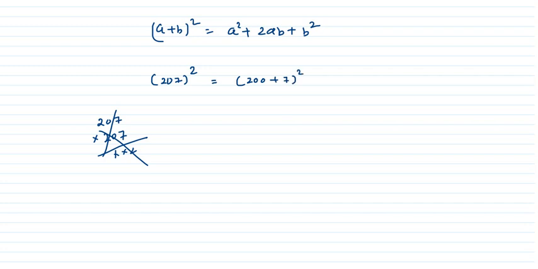So now you see what you got here, 200 plus 7 whole square. That means first term square plus 2 into first term into second term plus second term square. So what you can write here, first term square, so 200 whole square plus 2 into 200 into 7, first term second term, plus second term square.